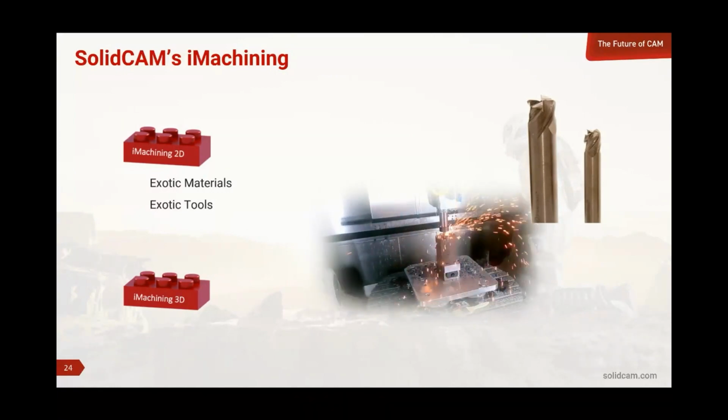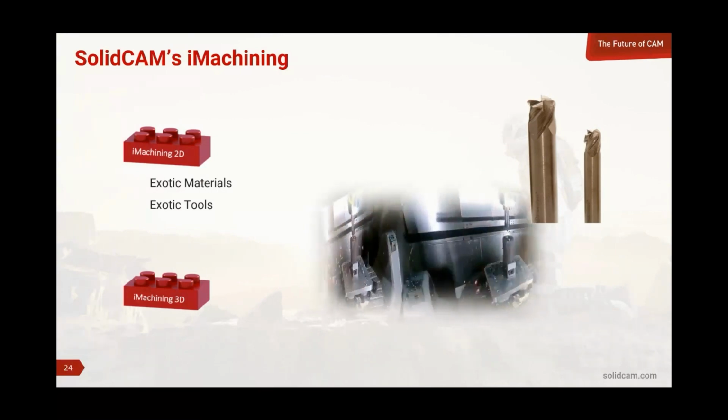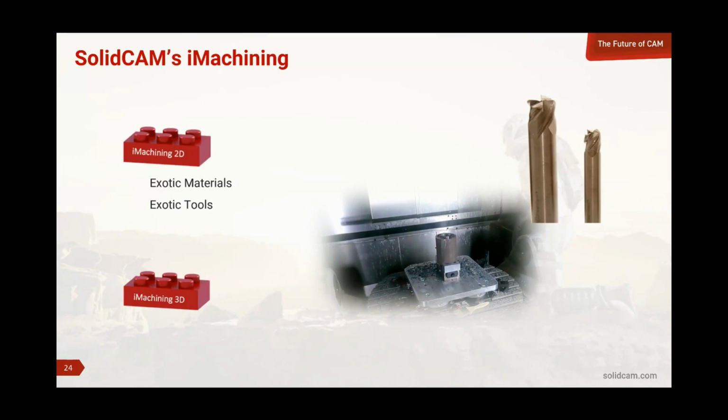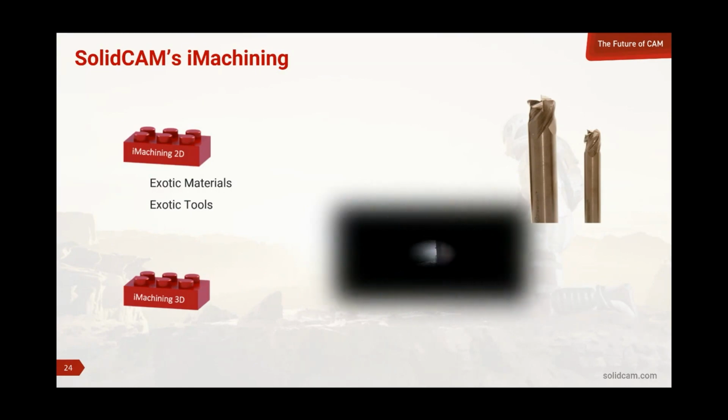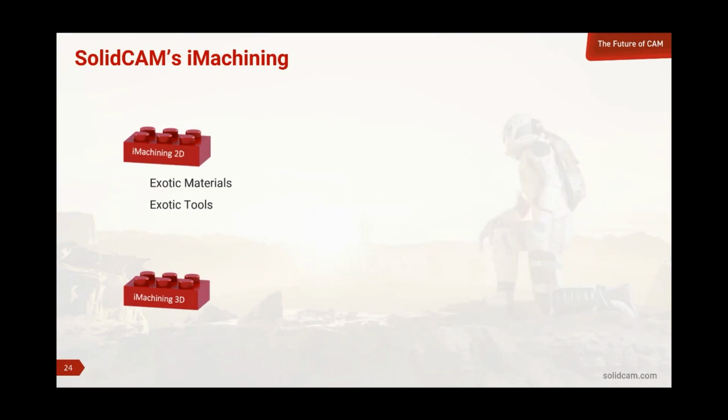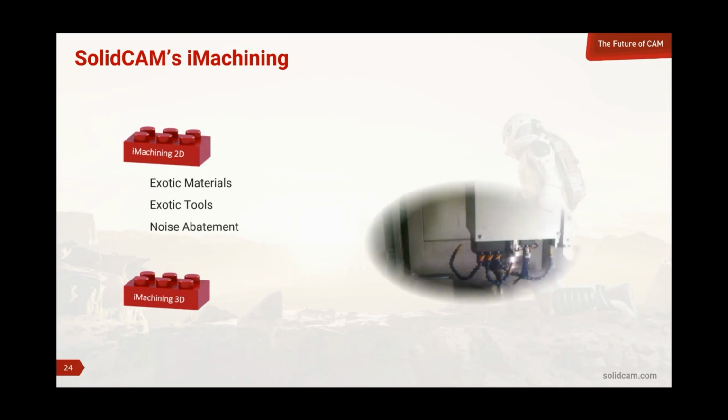It really makes it interesting. But when done correctly, even in hardened materials using exotic tools, iMachining can give you extreme performance and improve tool life while at the same time protecting your machine and protecting your material, your part, and protecting the tool.